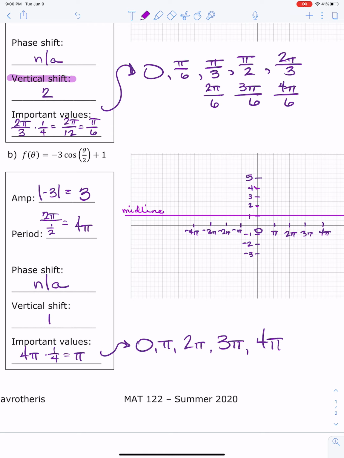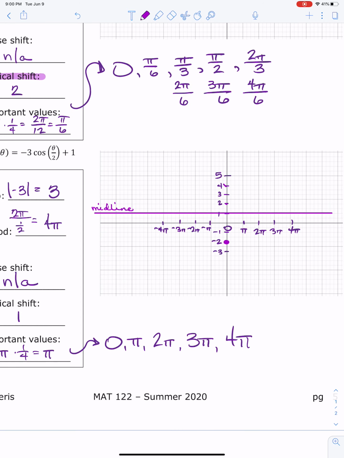But it's a -3. So what we're going to do from here, we're going to flip the whole thing over, and from my midline, I'm going to go down 1, 2, 3. That should be exactly where this graph ends. So I'm going to go ahead and put that ending point over on the 4 pi, the other end of the period.